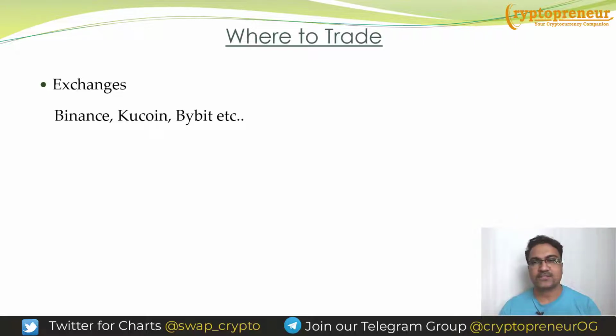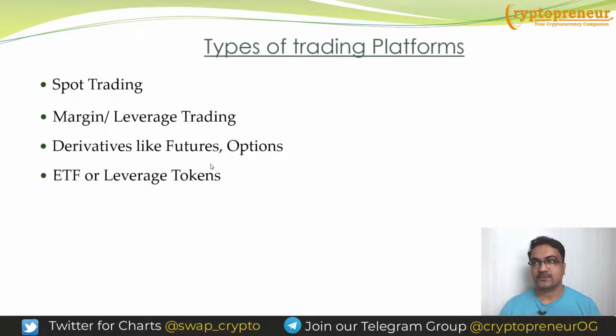So you will have many options like these, and apart from those we have these options as global. Okay, so remember that you have to trade on these platforms. Within these platforms you also have different options and types of trading. These are the platforms, and your style of trading depends on the platform you select for trading.